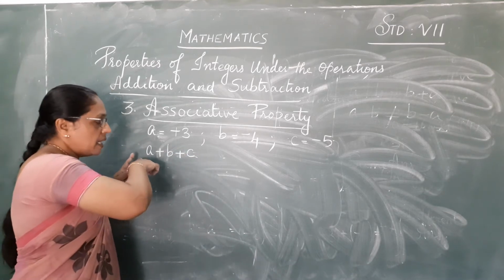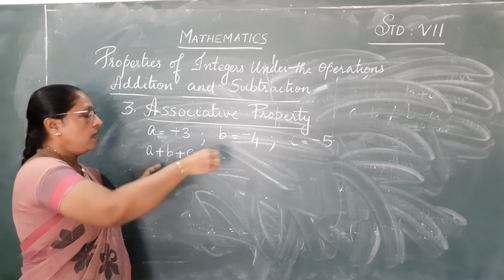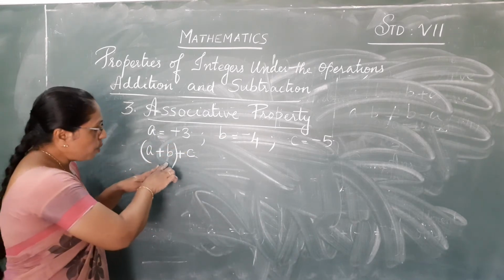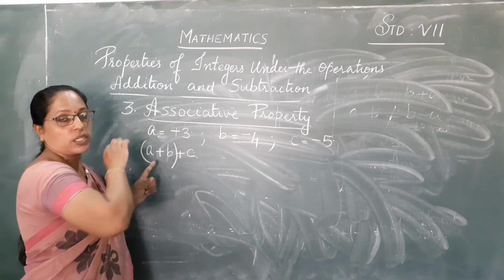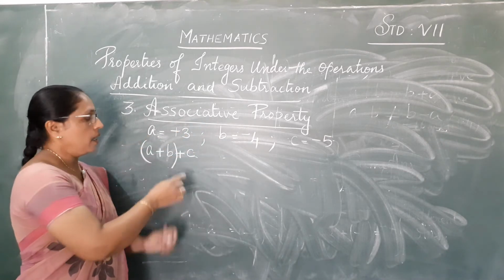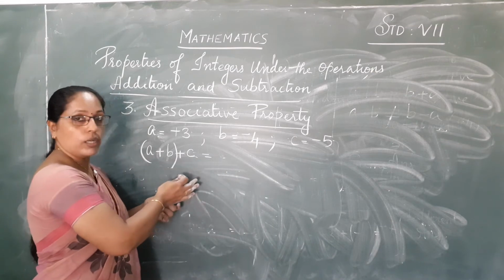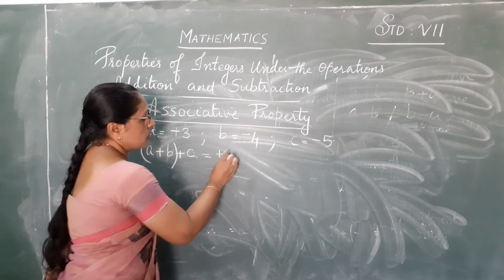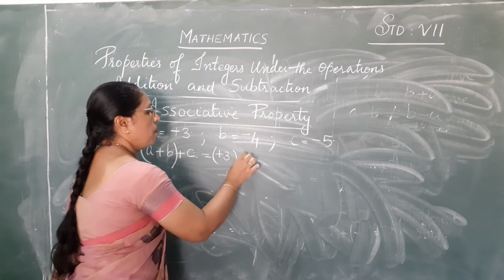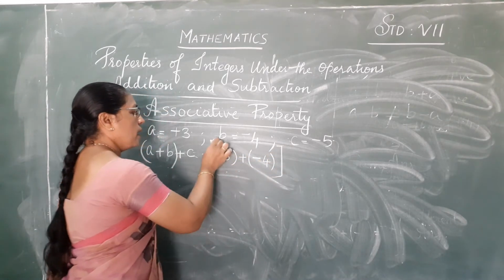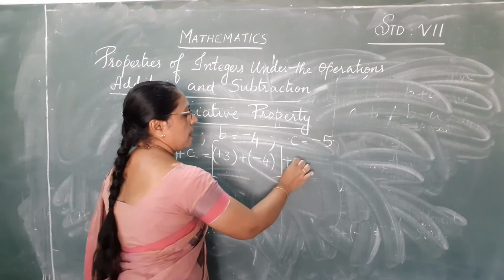Addition cannot be done at a stretch together. What we have to do is we will do grouping, and this grouping is known as association. Associating, grouping. So let's group two numbers. Grouping can be done in any order. So positive 3 plus negative 4, grouping, plus negative 5.